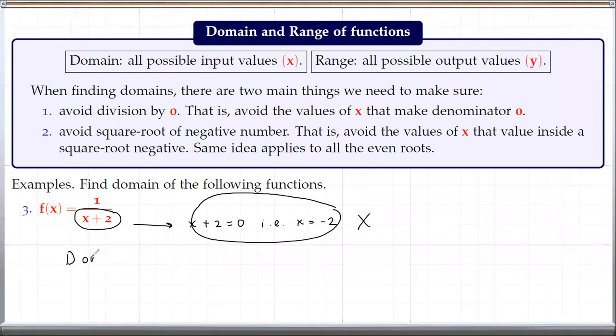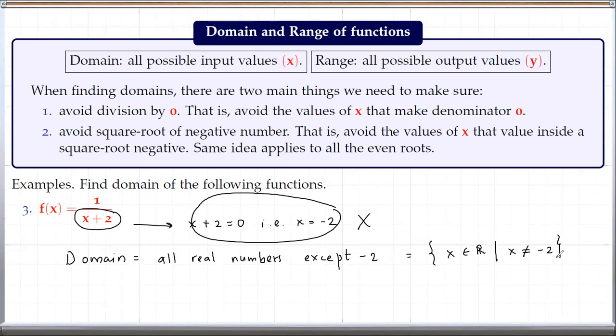So that means the domain is all real numbers except negative 2. We can write this as x is an element in the set of real numbers such that x is not -2. Now, if we put this on a number line, let's see how that looks. 0 is somewhere here and -2 is here.